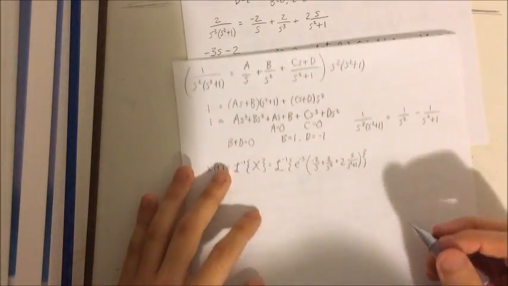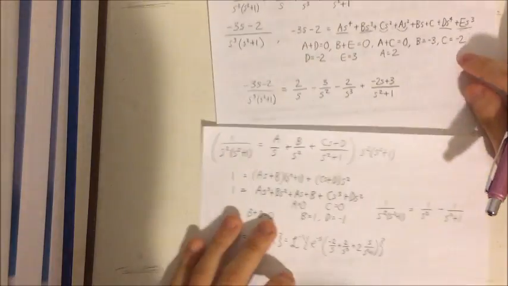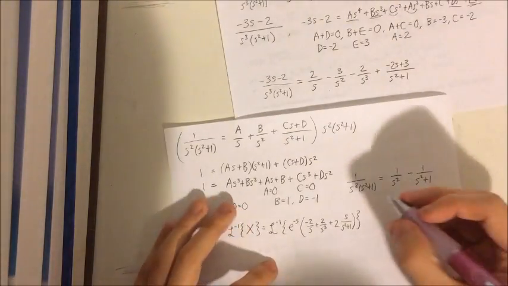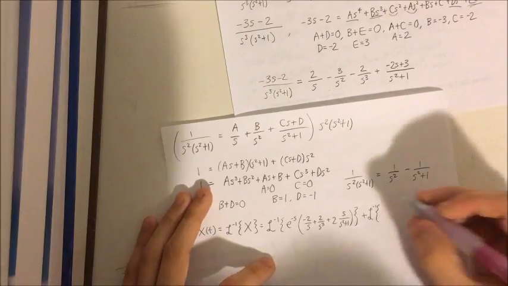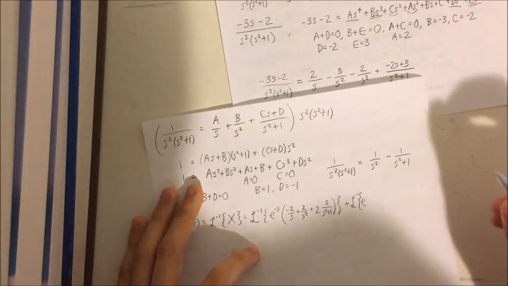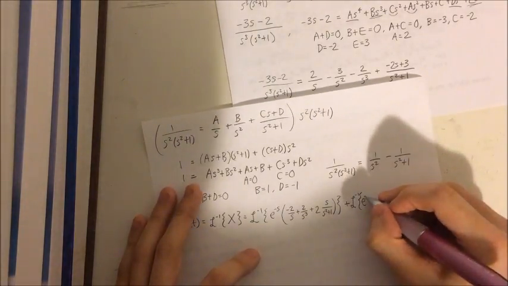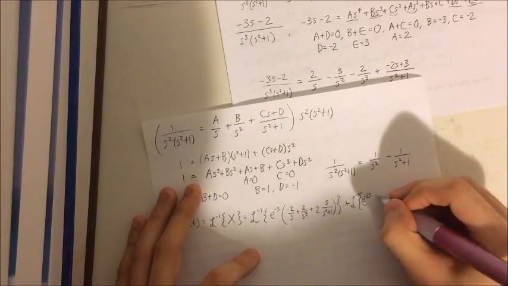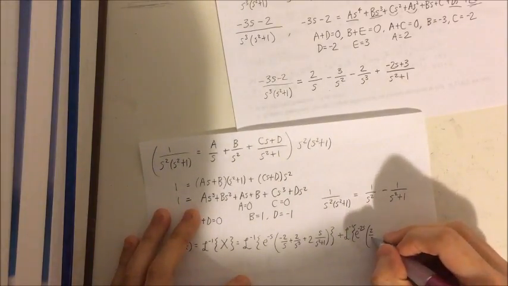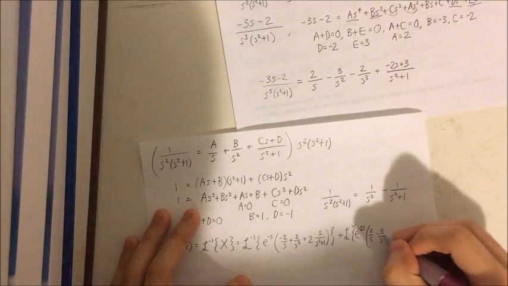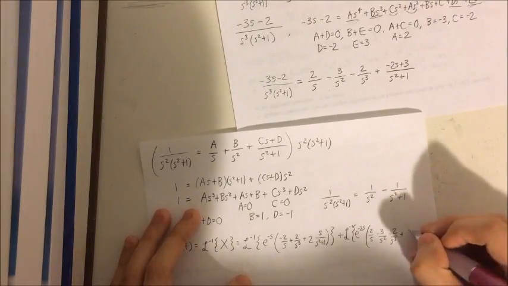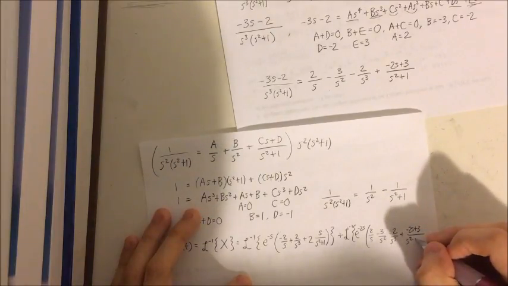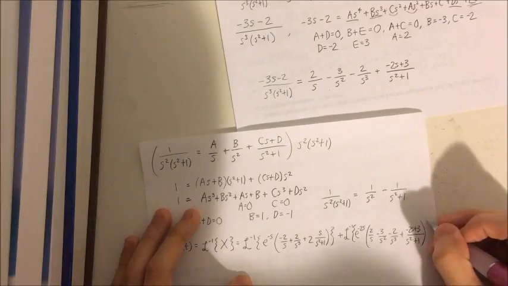And then plug in what we had up here: inverse Laplace transform of e to the negative 2s times 2 over s minus 3 over s squared minus 2 over s cubed plus negative 2s plus 3 over s squared plus 1.